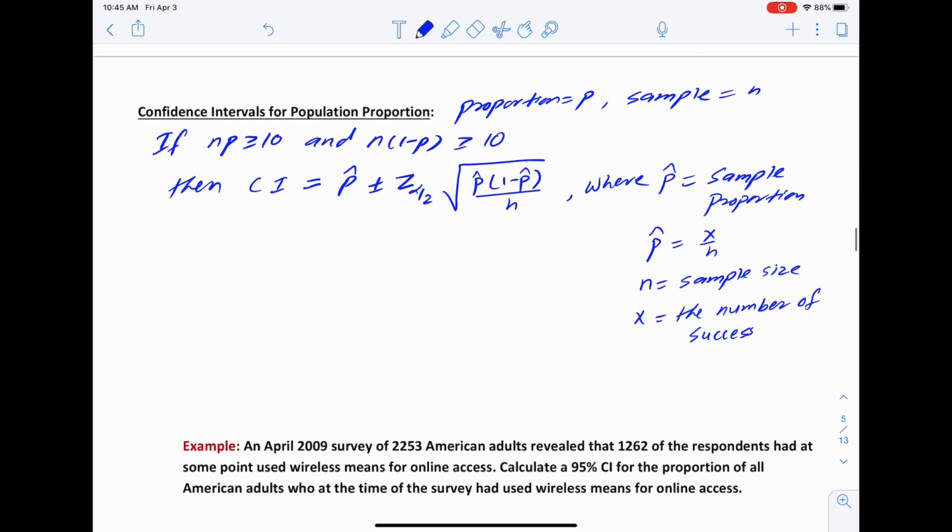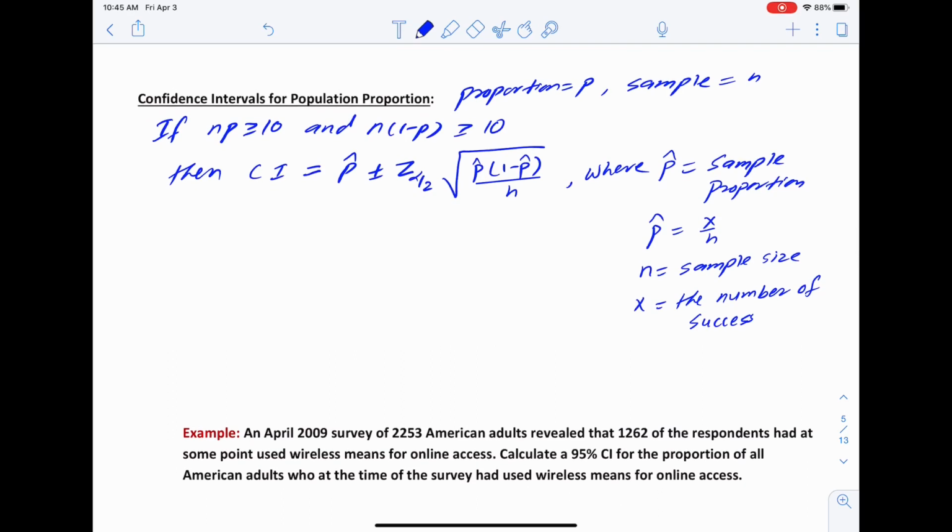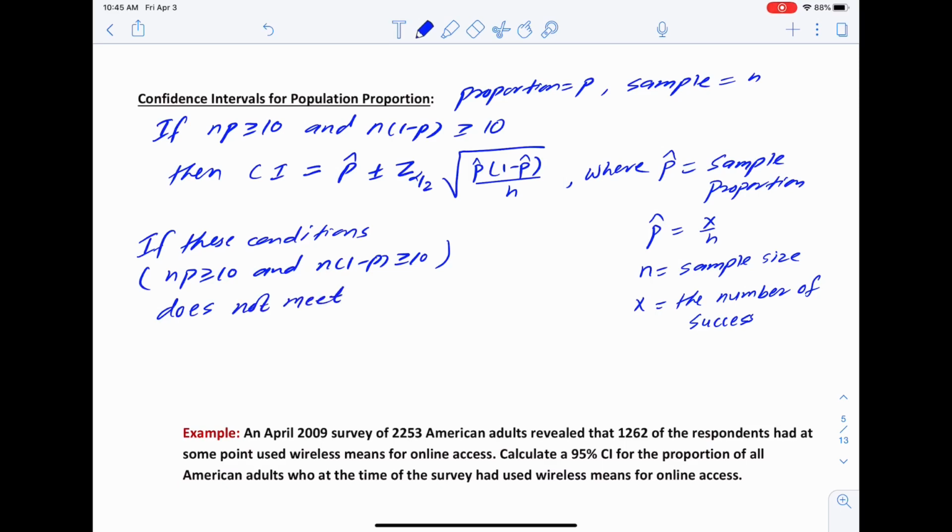Now note, if this condition, I mean NP greater than 10 and N times 1 minus P greater than 10, does not meet, use formula 7.10 from our textbook.